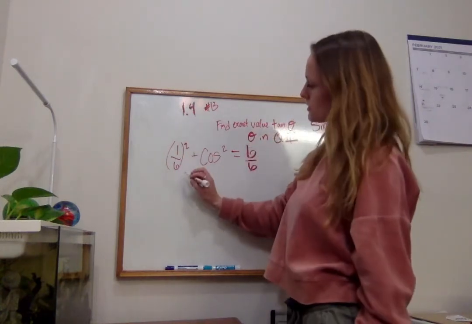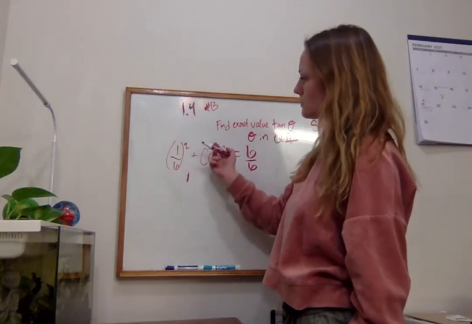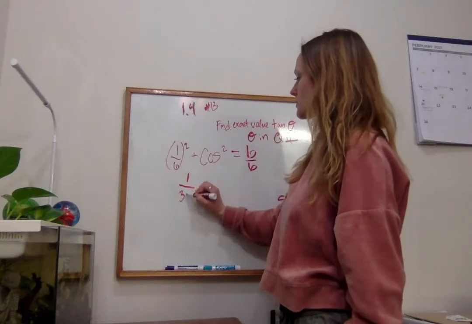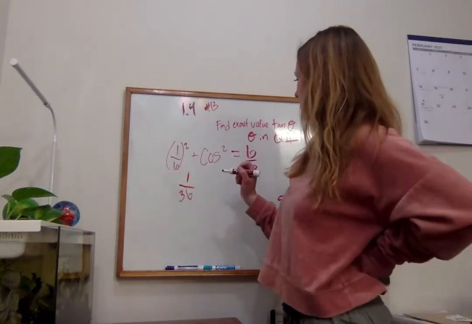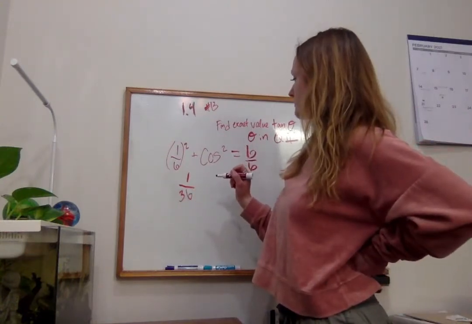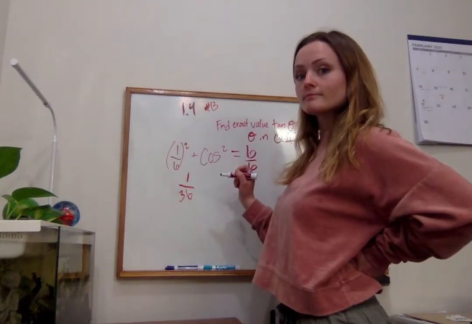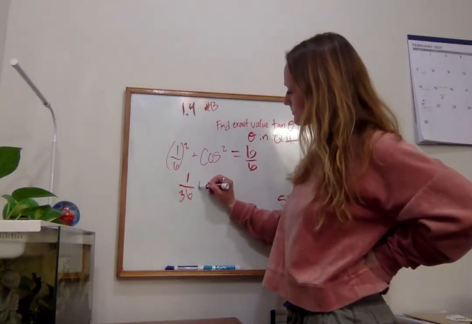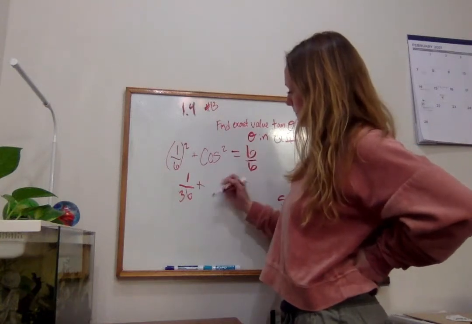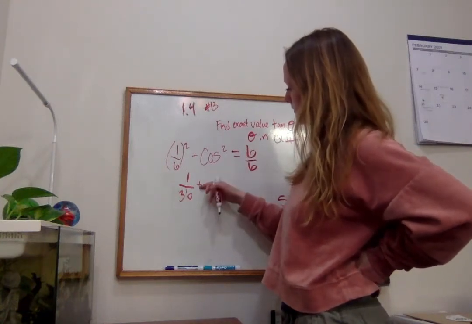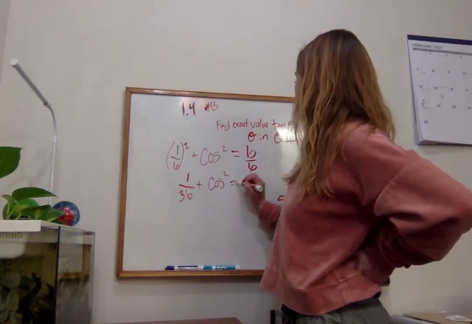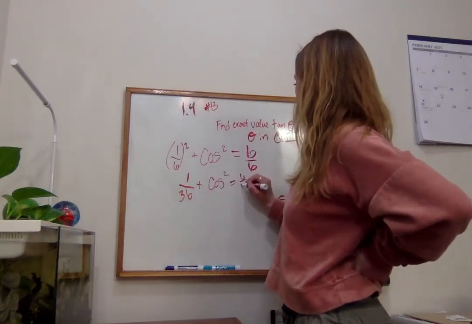And then 1 squared is 1. And 6 squared is 36. Oh shoot. I might have been right in the first place. Okay. Plus cosine squared equals 6 over 6.